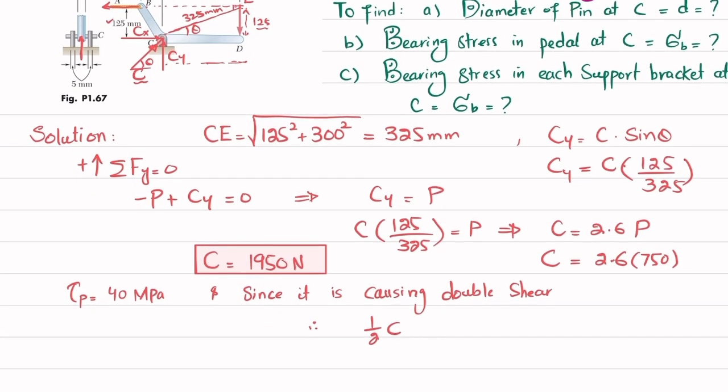So we know that the shearing stress in this pin is equal to shearing force divided by area. Here that will be equal to half C, because you can see one force is producing double shear. So we take half of C divided by the area of this pin. The area is pi by 4 into d square, because d is not known.